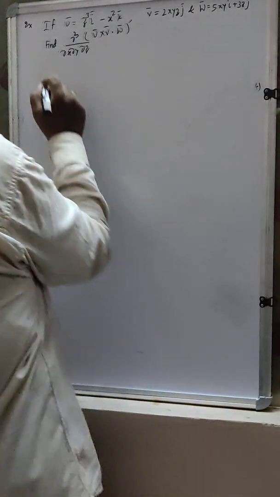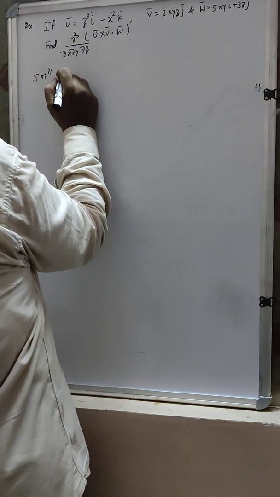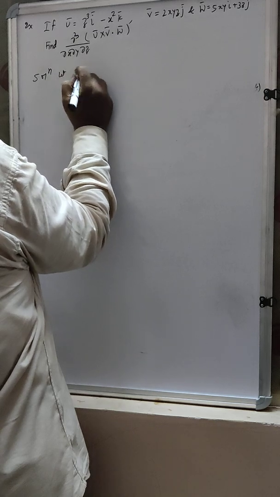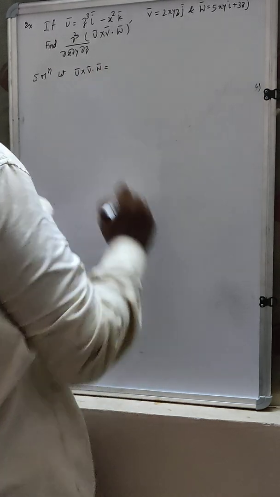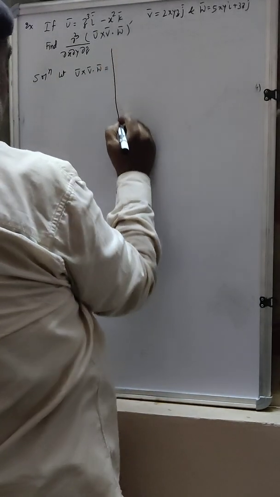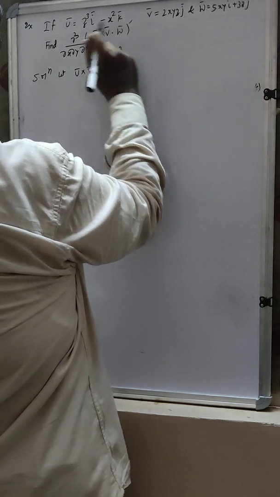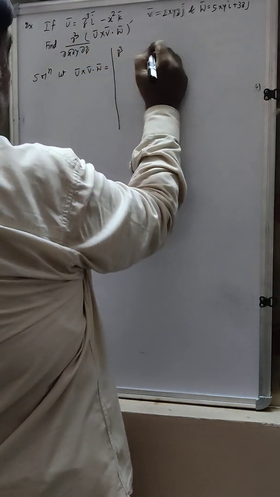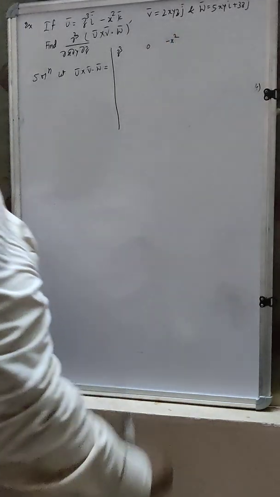Solution. Let u vector cross v vector dot w vector, that is the scalar triple product, be the determinant. In u vector: z cube, j is absent so 0, minus x square.